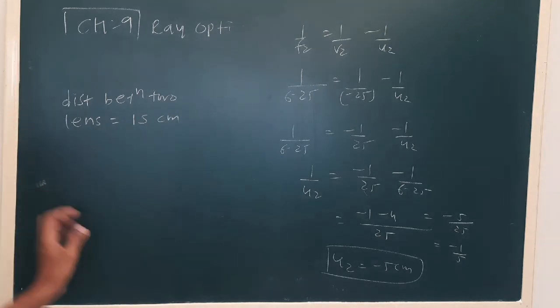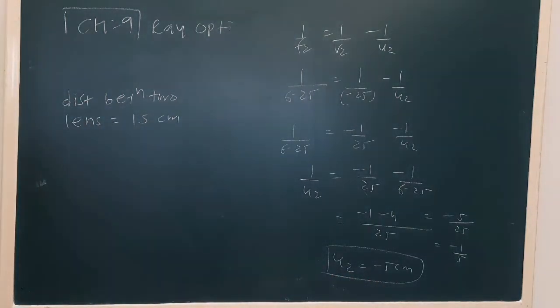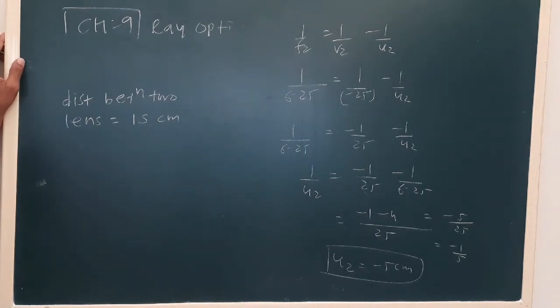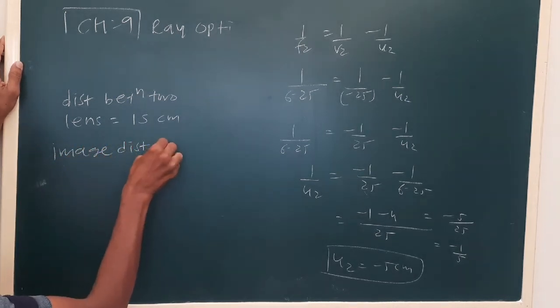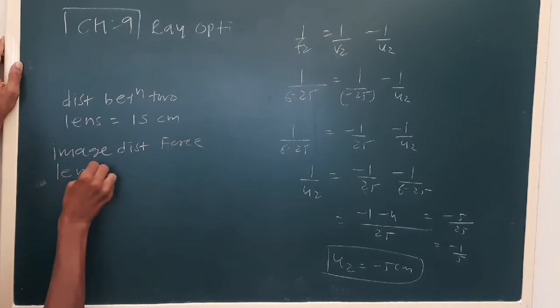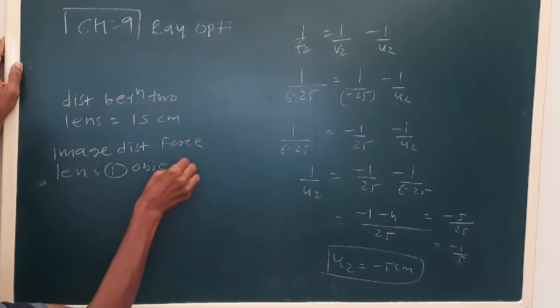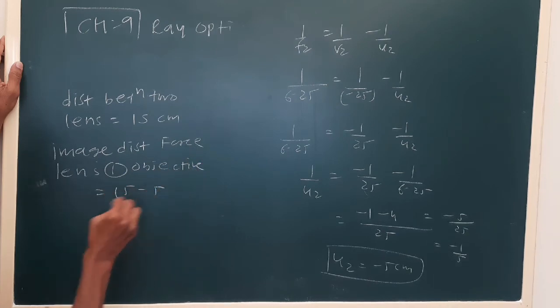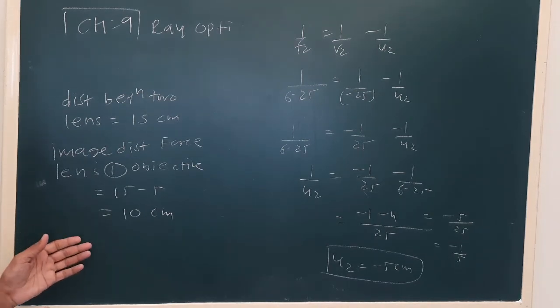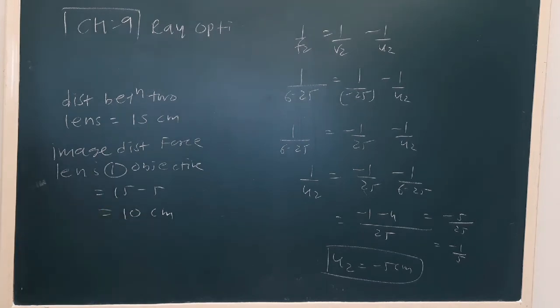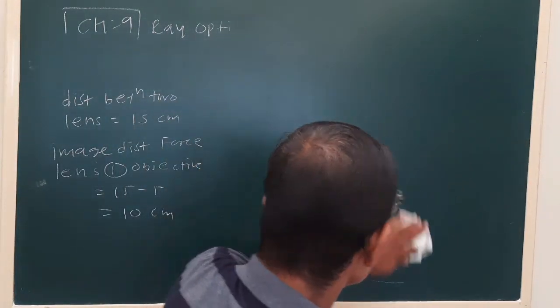If I subtract U2 from this distance, that will give us the image distance for lens 1, that is the objective. Now for the objective we have the image distance and focal length, so we can easily calculate the object distance for lens 1. First we have calculated for the eyepiece.